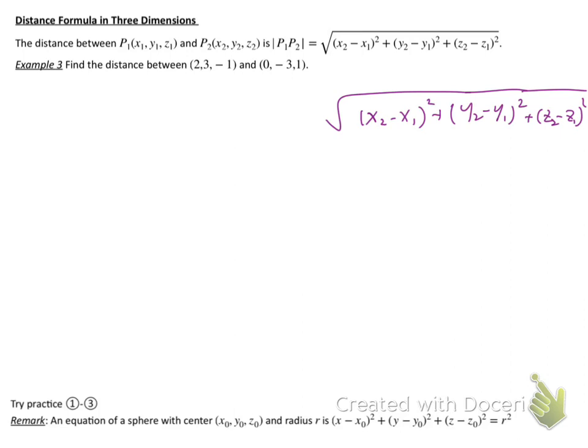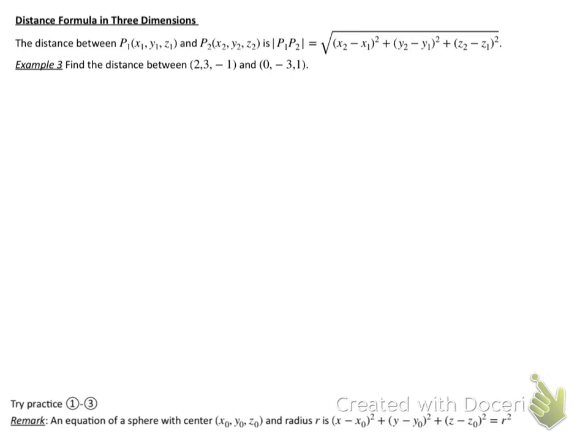Let's try example 3. Find the distance between the 2 points. Let me take away that formula first. So the distance, I'll denote as d, is the square root of the difference in x coordinate squared plus the difference in y coordinate squared plus the difference in z coordinate squared.